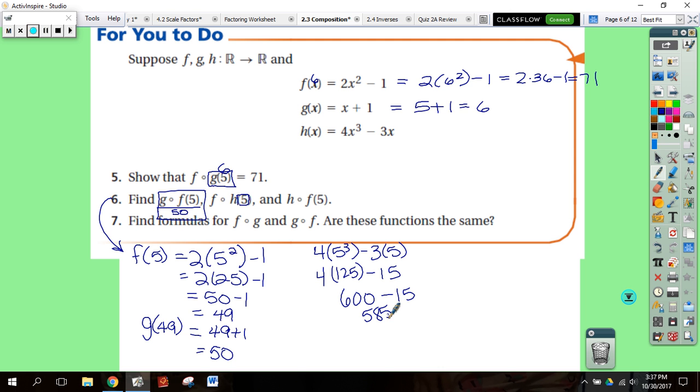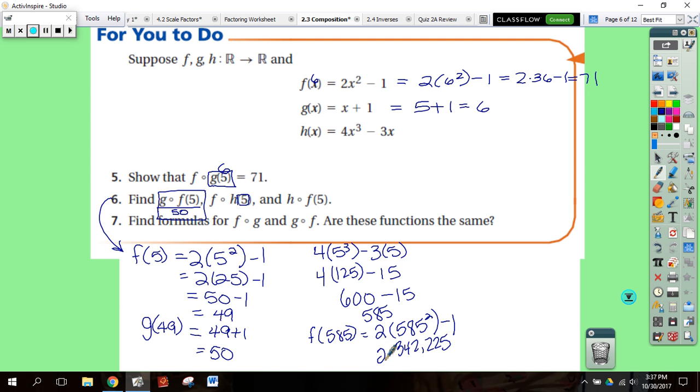And then we're going to take that output and put it into the f function. So f of 585. We're going to take 2 times 585 squared minus 1. So 585 squared is 342,225.